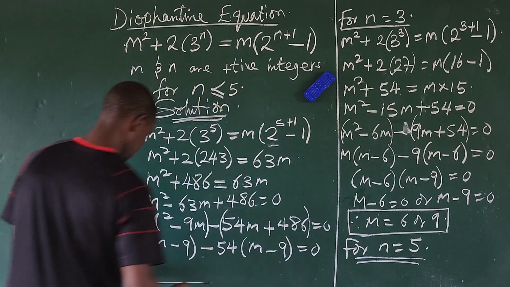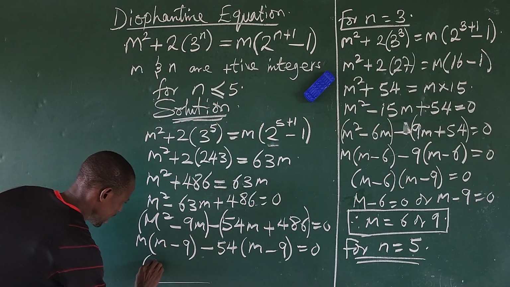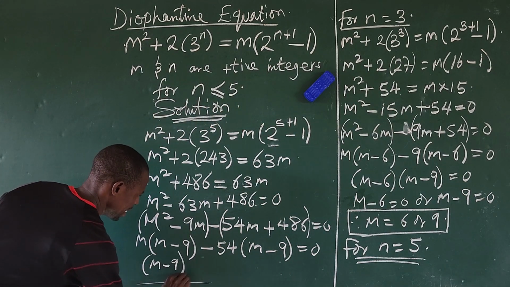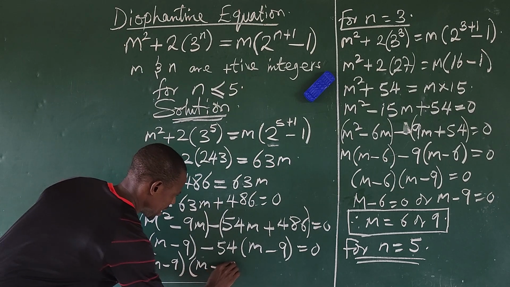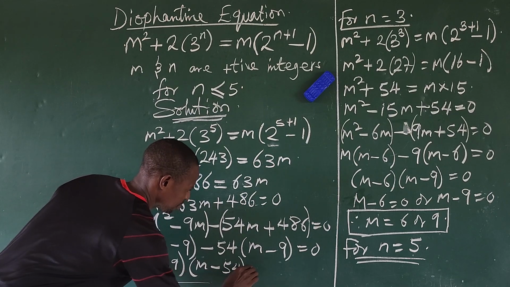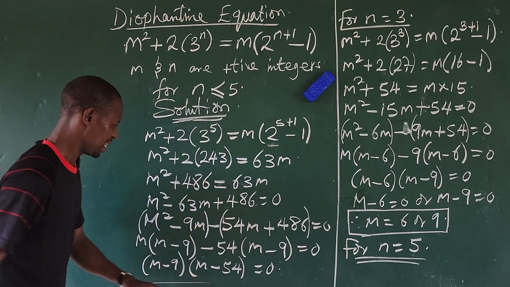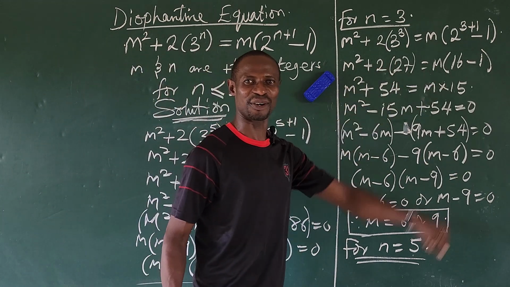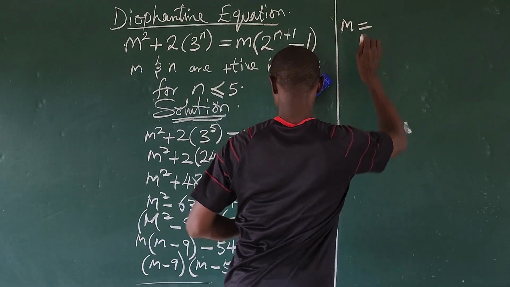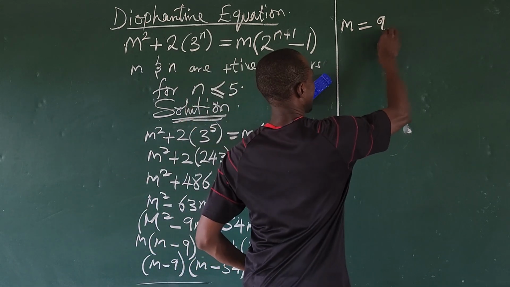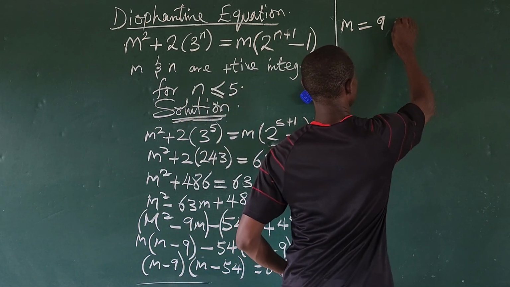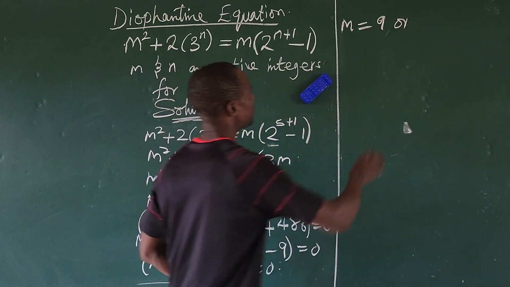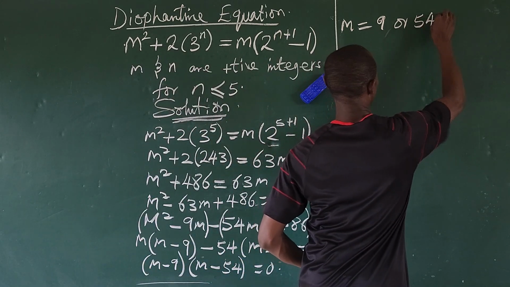So it all means that here we now have m minus 9, close bracket, bracket. Take this one outside, 9 minus 54, close bracket, everything equal to 0. Again, let's continue on this side of the board. So we have m is equal to 9 or 54.